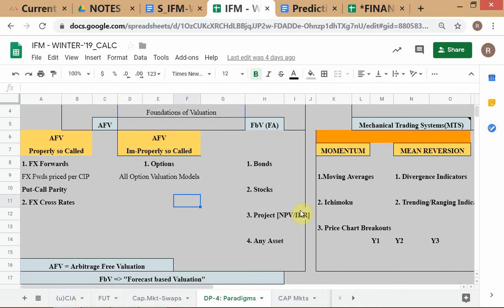So anytime I'm asked to value a bond or a stock or a project, or any asset, let's say there was a transaction about a year back when HCL Tech bought a whole bunch of licenses from IBM. So basically intellectual property. How would they value that?